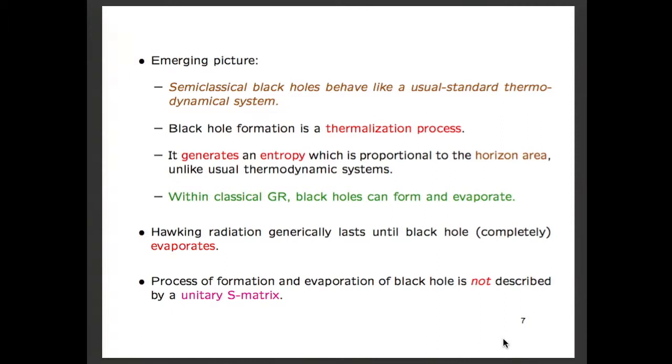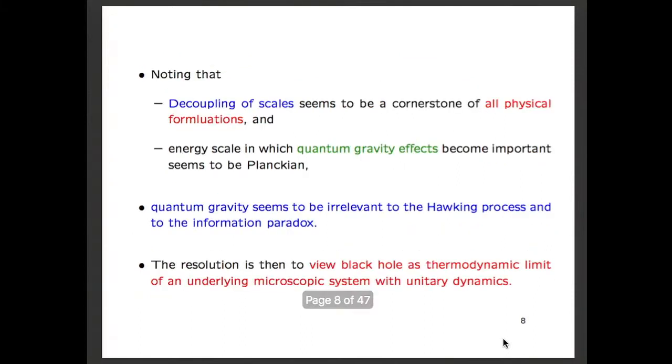Formation of a black hole should be viewed as a thermalization process, and that thermalization process generates the entropy. But black holes also Hawking radiate and can eventually evaporate, and this process is not unitary. So this was just a very brief and quick review of what we know about black holes.